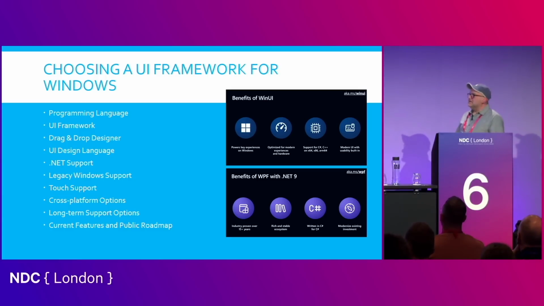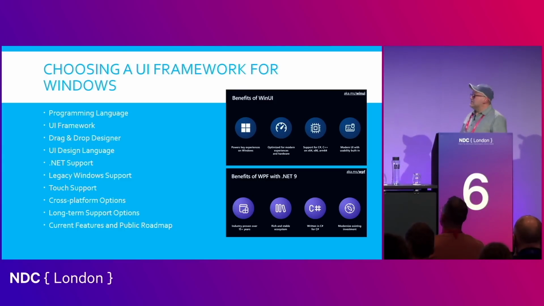I listed a few things that you can consider when you're choosing. What programming language does your dev team use? Do you need that drag and drop designer if you're going to be getting into XAML? What UI design language do you want to use? Are you comfortable using XAML at all? Do you maybe want to go with Blazor if you're a lot of web developers that know .NET?